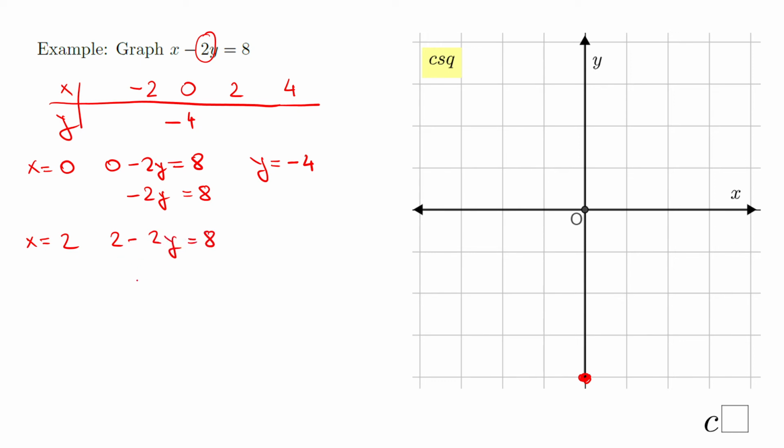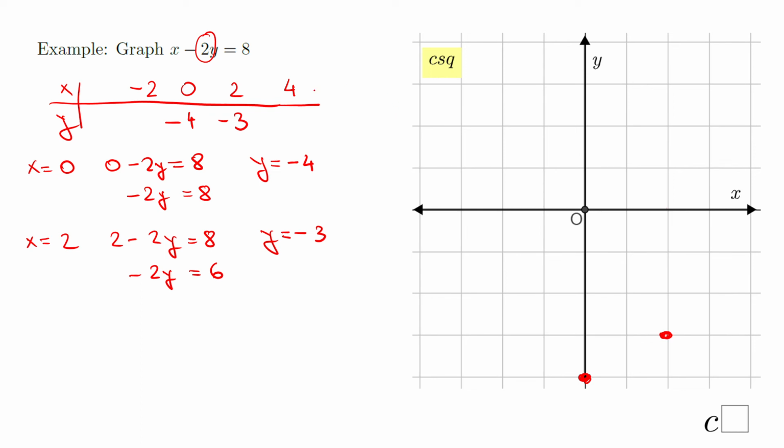I will subtract 2 on both sides, and we have negative 2y equals 6. Divide by negative 2, I apologize, and we get negative 3. 2 and negative 3, which is right here. And we have the graph, a very good graph for us.